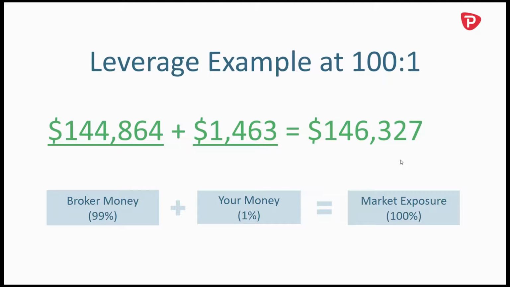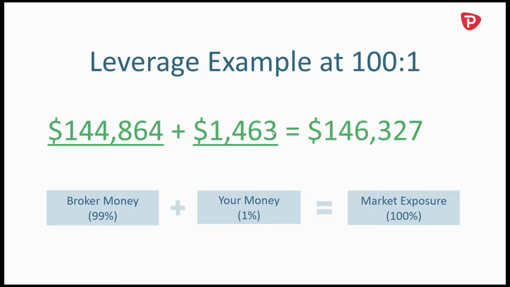So here we can see that we'd need that 146,327 US dollars. By using leverage as a tool at 100-to-1, this will mean that we are able to get 99% of the exposure from the broker, and we will provide 1% of the exposure ourselves, or $1,463.